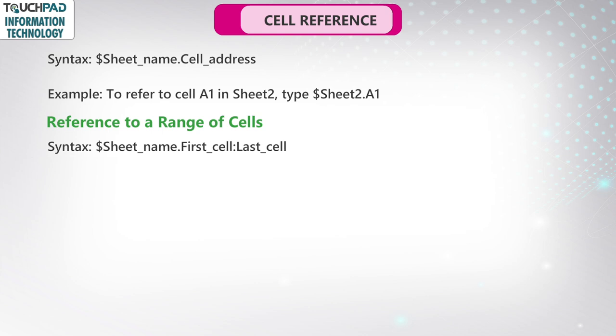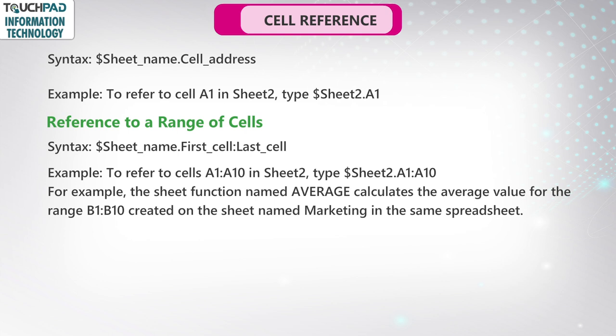Syntax: $sheet_name.first_cell:last_cell. Example: to refer to cells A1 to A10 in sheet 2, type $sheet2.A1:A10.